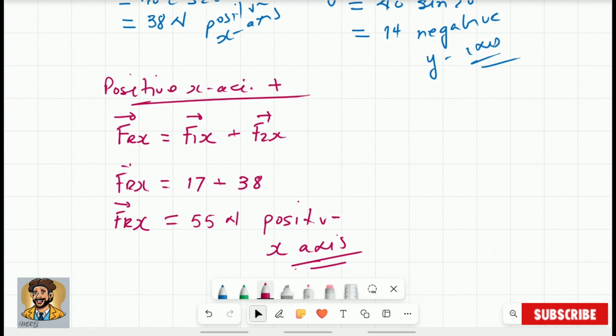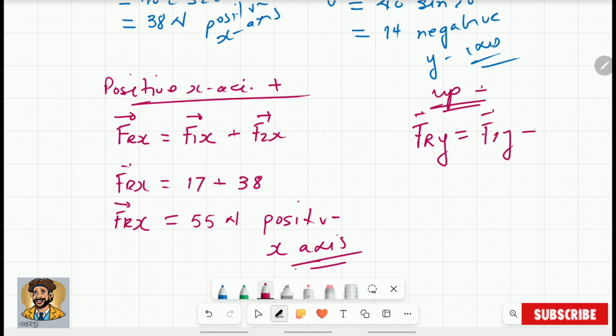Now for the y-axis, we have one pointing up, one pointing down. Even though we use positive y and so on, let's say a positive, so you don't get confused. So the resultant force in the y-axis is equal to F1 in y plus F2 in y.